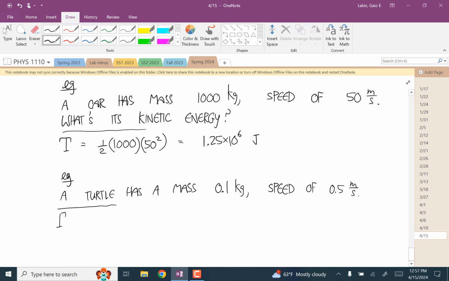The kinetic energy of the turtle is 1/2 times 0.1 times 0.5 squared, and so that is 0.0125 joules.